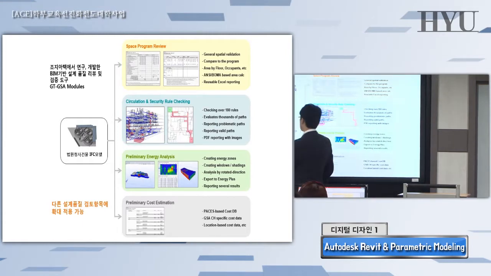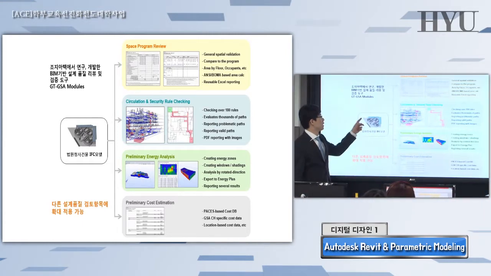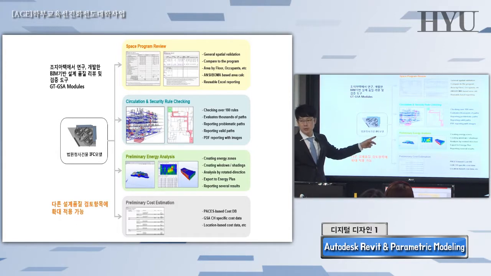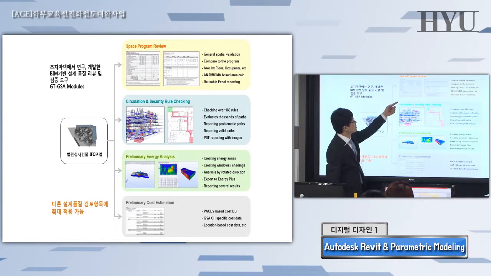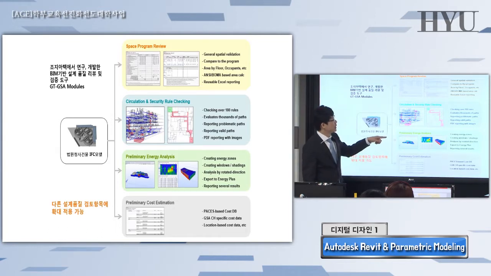This is an actual US courthouse building. The architect designed this building by using Revit around 6-7 years ago. When I was a researcher at Georgia Tech, as a member of the research team, I developed some design review and design validation applications.